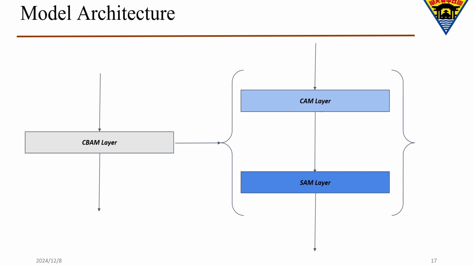In the CBAM layer, there are actually 2 modules in it. The first is the CAM, the channel attention module. After the 3 convolution layers, we put the result into the CAM, which makes the features better for the model to learn. After that, we go to the SAM. The SAM is the most important part. S stands for spatial, to let the model have some knowledge of spatial information.